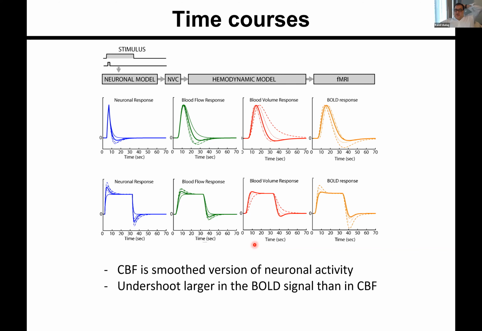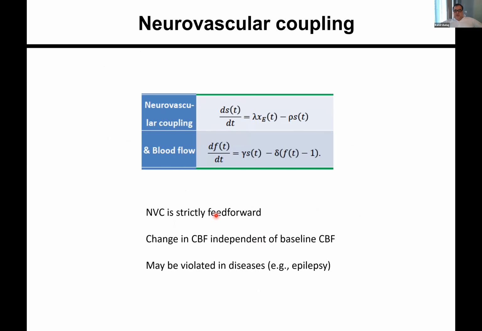Yes, I think, perhaps I'm an optimist, but I think that the hemodynamic response is actually faithfully reflecting neuroactivity, whatever this is, in a smooth version of it. If you think neurovascular coupling is not feed forward, then you will get oscillatory behavior in blood flow, which is not present in neuroactivity.